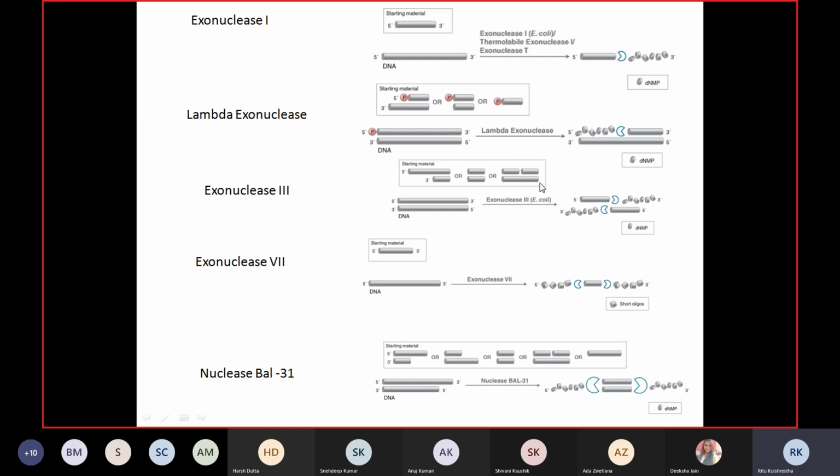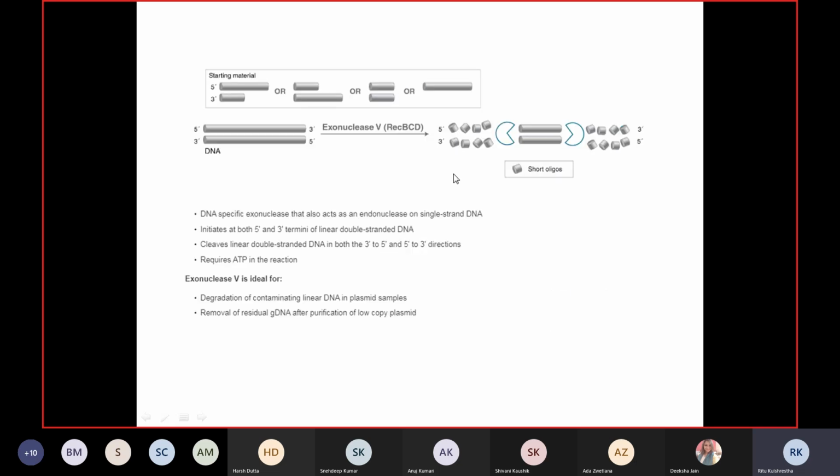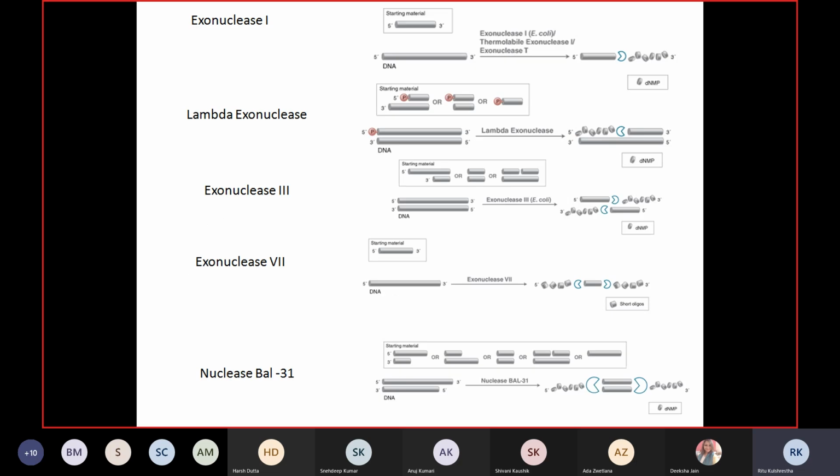Nicked DNA means one strand is intact while one has a nick, or let's say the phosphodiester bond is broken between two nucleotides in one of the strands. So it means that they really differ in the starting material. As we go down, you can also see that there are different types of requirements for various exonucleases.